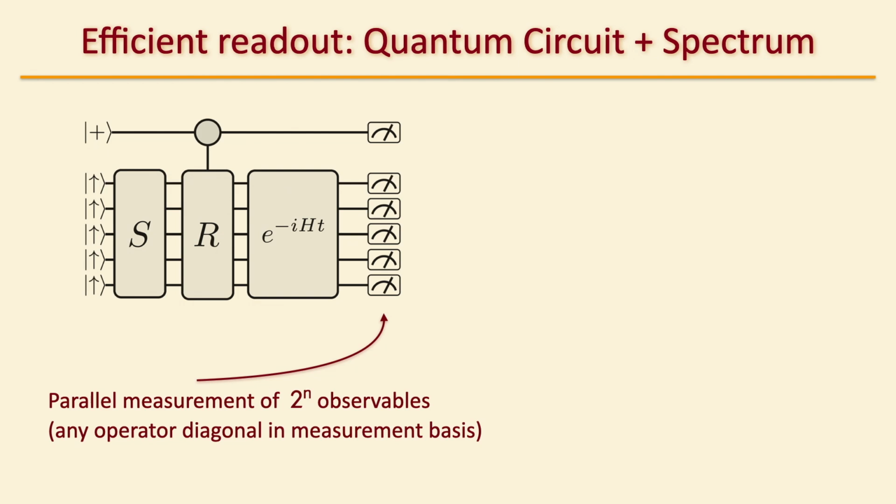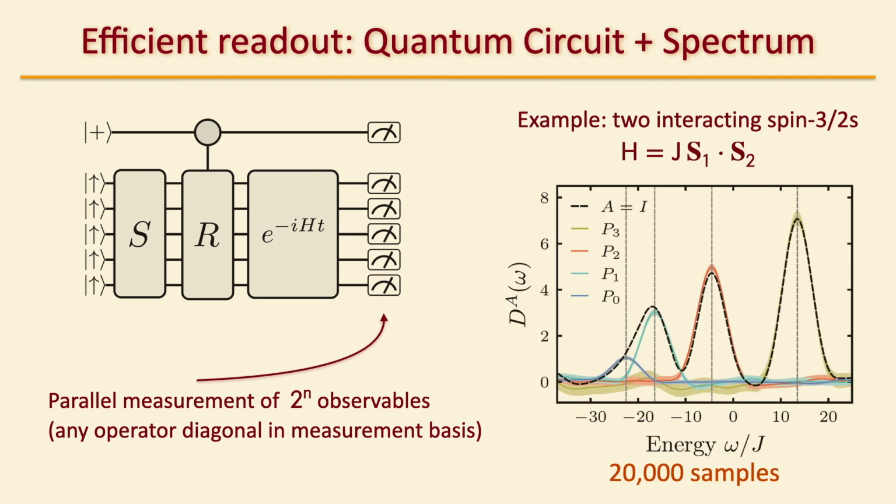And here is a simple example where we calculate this for just 2 interacting spins, a Heisenberg model. This is running, or actually simulating in this case, 20,000 samples.